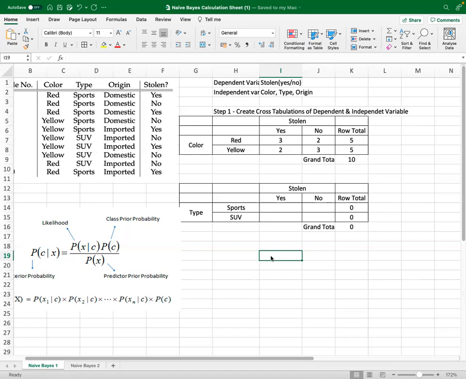How many sports are stolen? 4 sports are stolen. How many sports are not stolen? 2. How many SUVs are stolen? How many SUVs are not stolen? Sorry, 3, right? Grand total is 10.